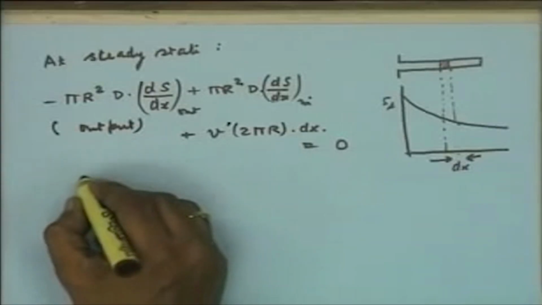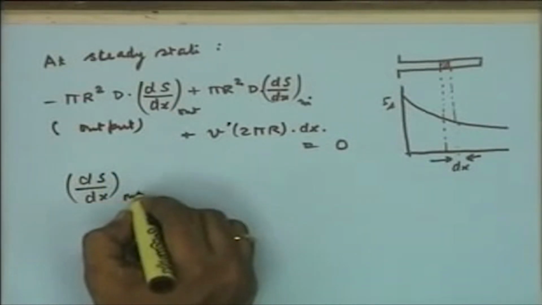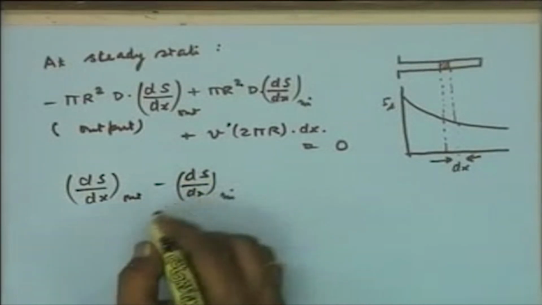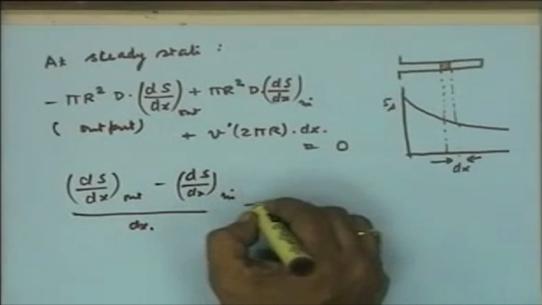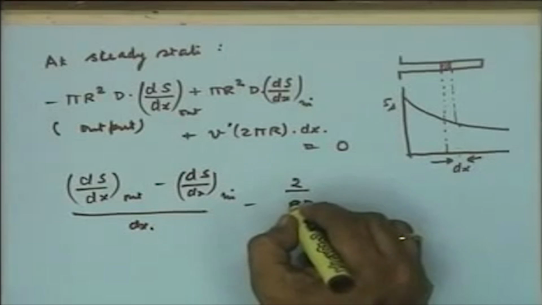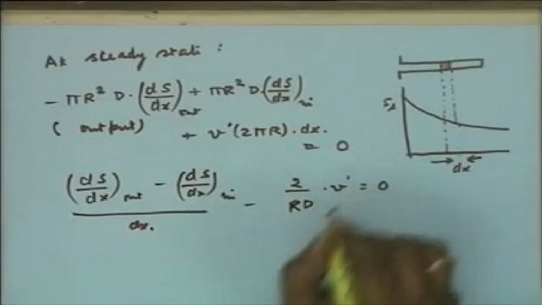Now if you rearrange, you get dS over dx out minus dS over dx in, upon dx, minus 2 over r into D into V dash equal to 0.